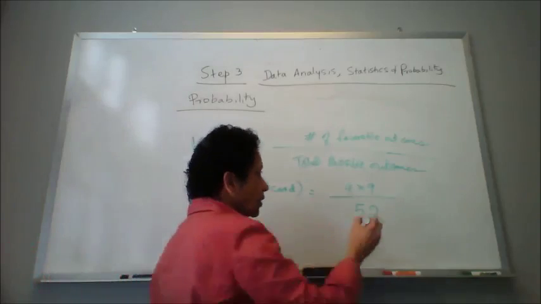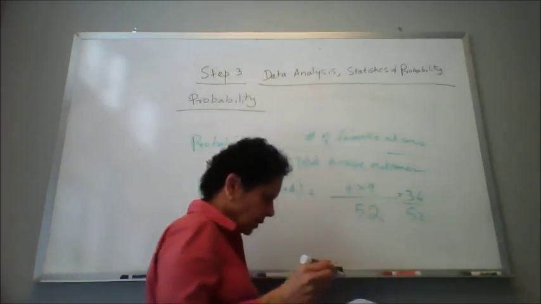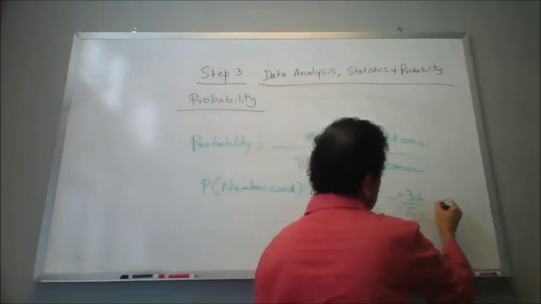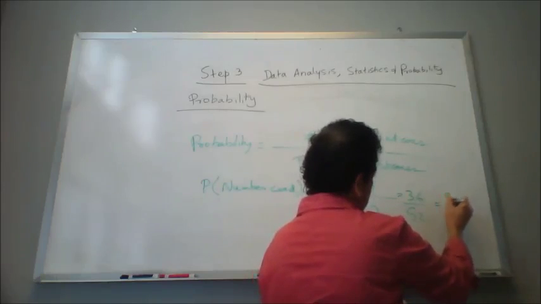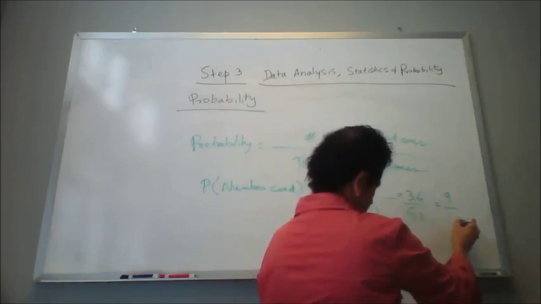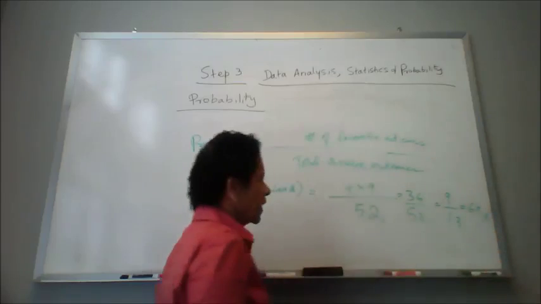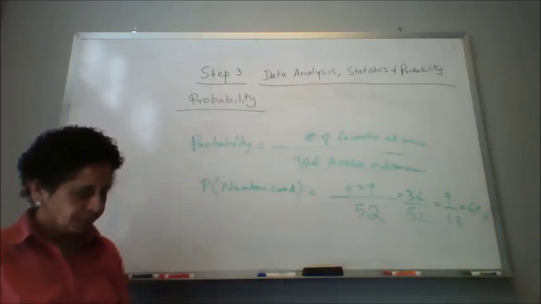So that is 36 out of 52, so that is 69%. Either you can reduce it to lowest terms, 9 over 13, or you can say that there's a 69% chance that I am going to get a number card, okay?